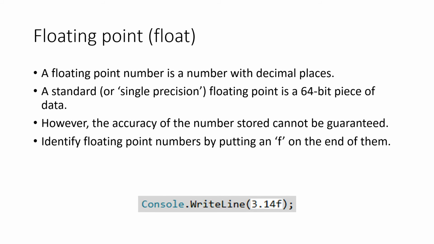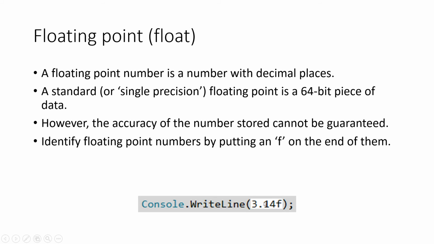Floating points, or floats, are not whole numbers, they are real numbers which contain decimal places. A floating point must have the letter F after it, otherwise it assumes it's a double precision floating point. With the F in, it's a single precision floating point, which is a 64-bit piece of data. But you know, with decimal numbers, you can't guarantee full accuracy.